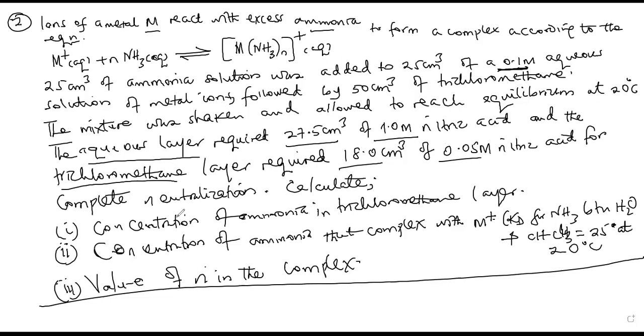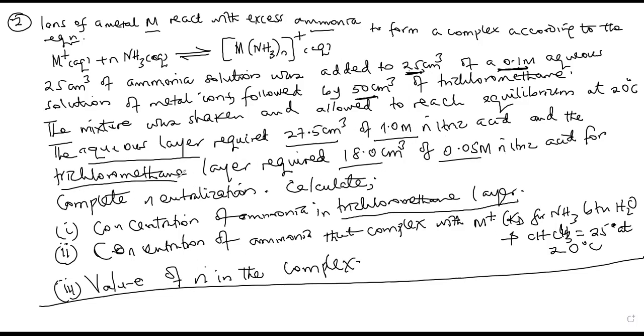Good. So here you need to know the volume. This is the volume of aqueous, and this is the volume of the organic, all right? So they want you to calculate the concentration of ammonia in the organic layer, the trichloromethane layer. This is as easy as you can see, because ammonia first of all reacts with nitric acid to form ammonium nitrate. That is one. But you're given the information of the organic layer.